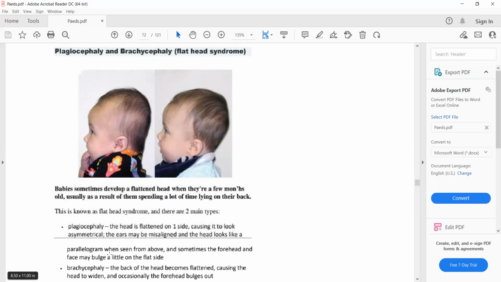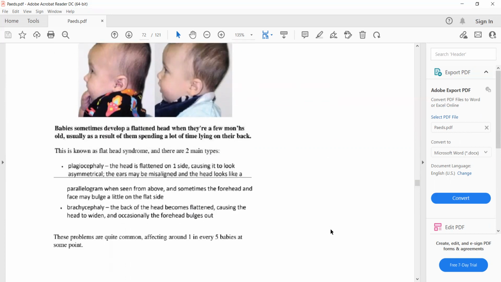When seen from above, plagiocephaly shows a parallelogram, while brachycephaly is flattening of the back of the head. When the back of the head becomes flattened, it is known as brachycephaly, and when one side of the back of the head is flattened, it is known as plagiocephaly.